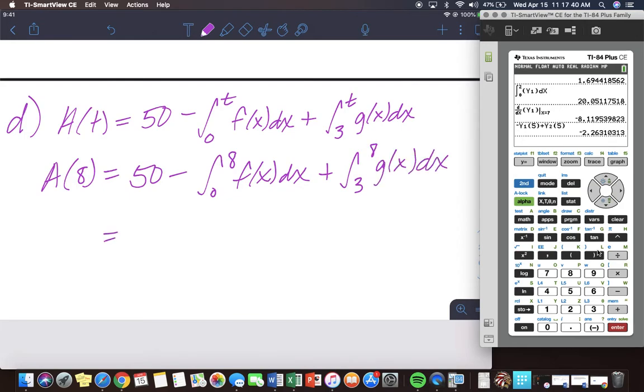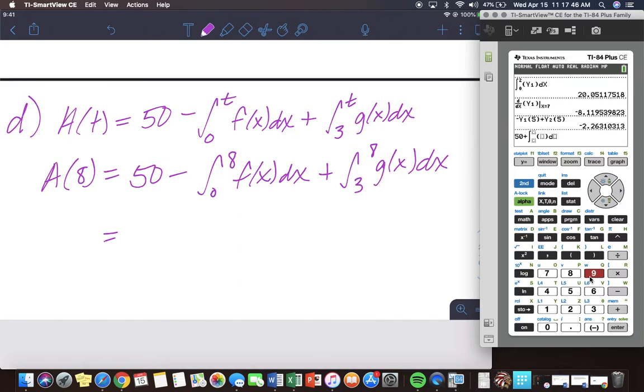Type this in your calculator: 50 plus the integral from 0 to 8 of y1, because remember we let y1 be f, and it should be a minus in front of this integral because they're being removed. Then we add on the rate at which they are being added back in, but remember that this integral will start at 3.